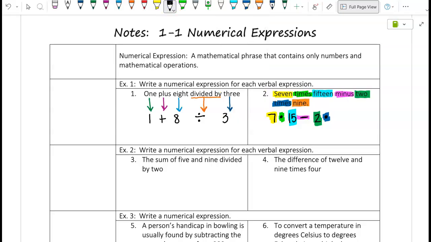So again, it's just a matter of taking each of those descriptions and writing out the math, either the number or the operation that matches.